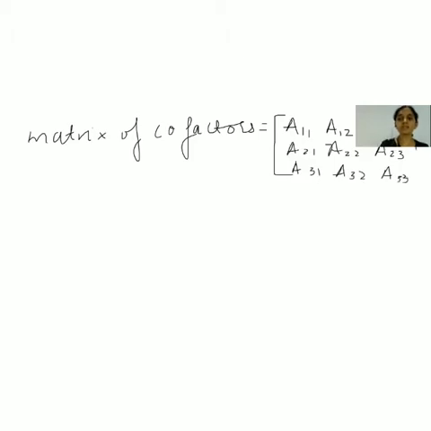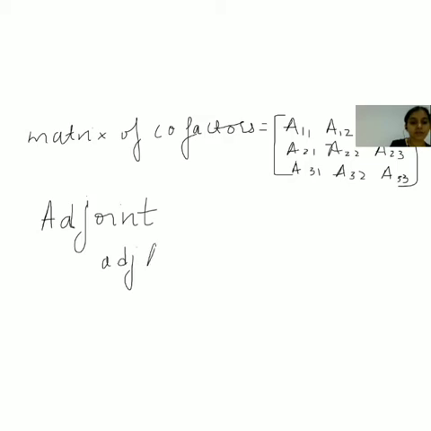This is your matrix of cofactors. Now, if this is your matrix of cofactors, then what is the adjoint? Adjoint of A is denoted by ADJ A and is equal to the transpose of the matrix of cofactors.